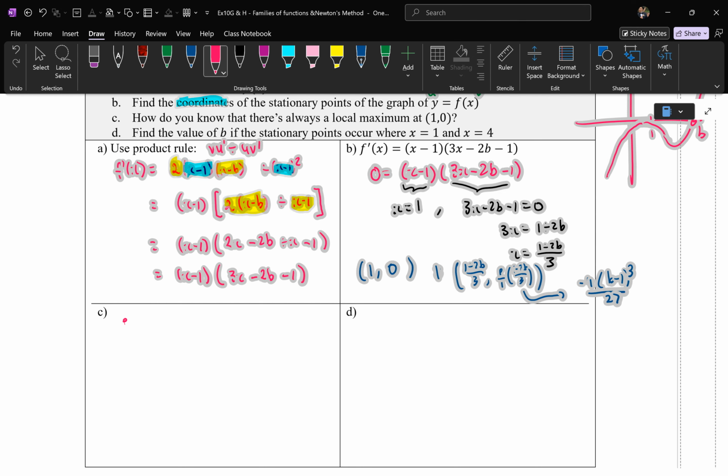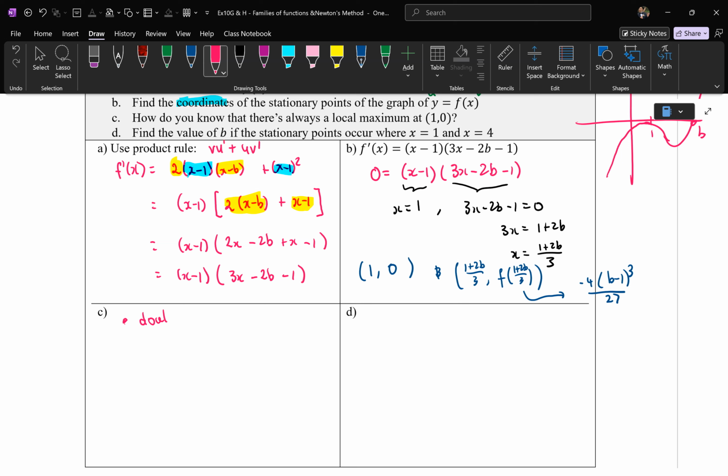So you can use the double derivative, or you can describe the x minus 1 squared repeated factor given b is greater than 1.